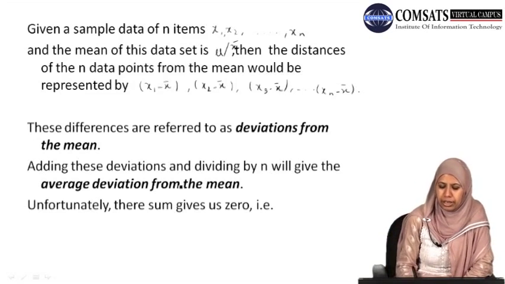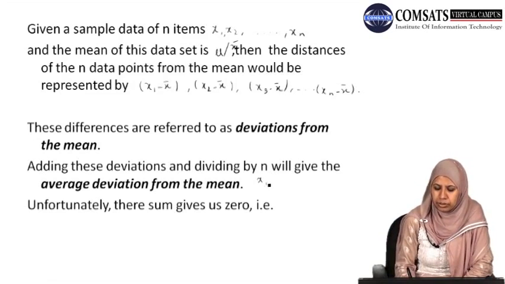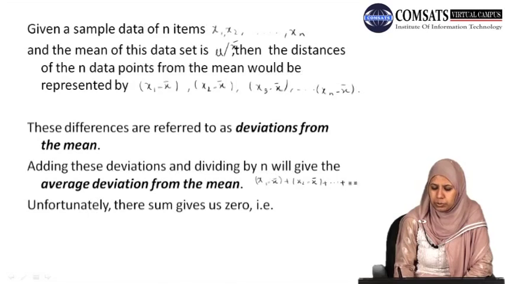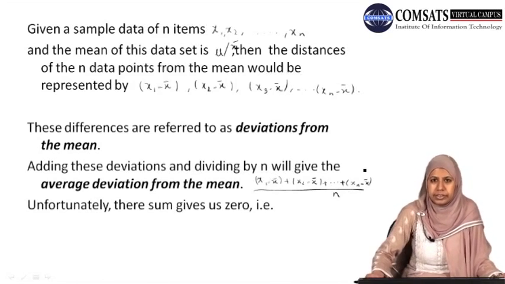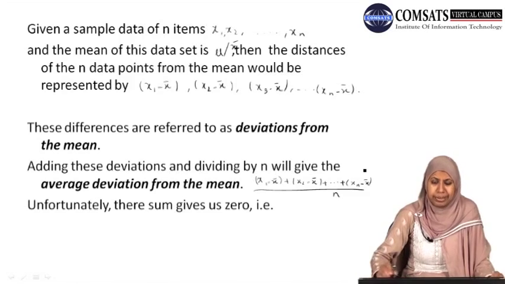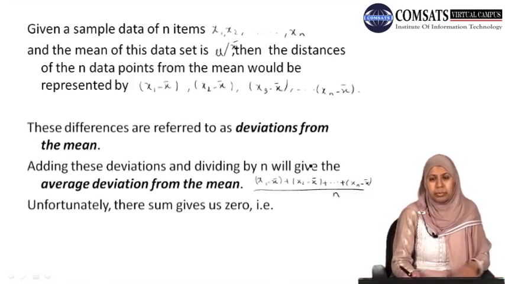That is, if we are adding all these, x1 minus x bar plus x2 minus x bar plus so on up to xn minus x bar, and dividing all of them by n, this will give us the average deviation from the mean. But unfortunately this sum gives us 0. What do we mean by 0?